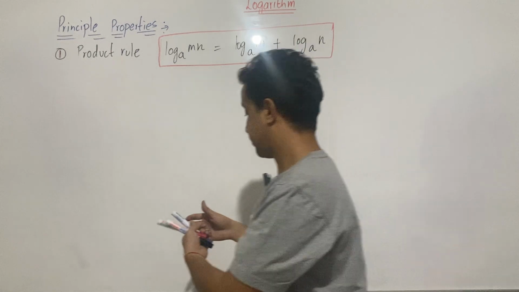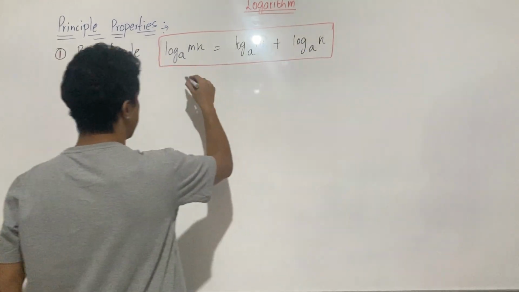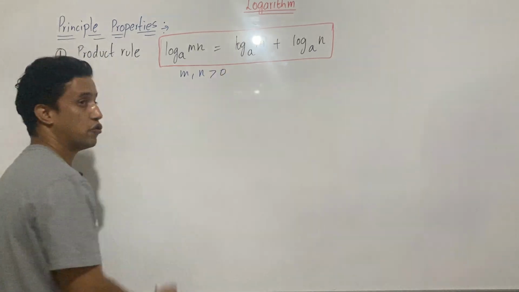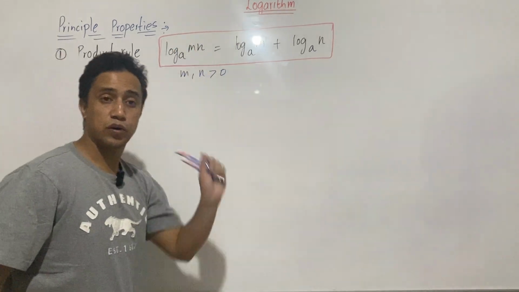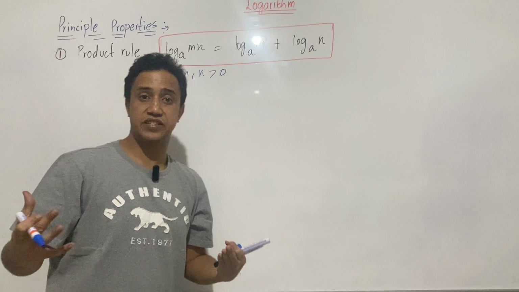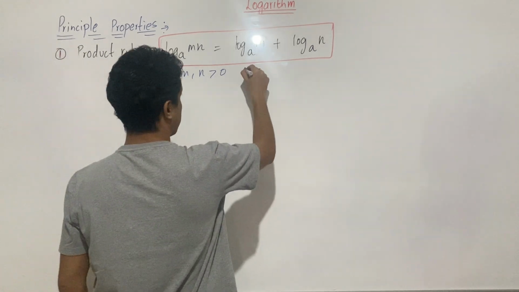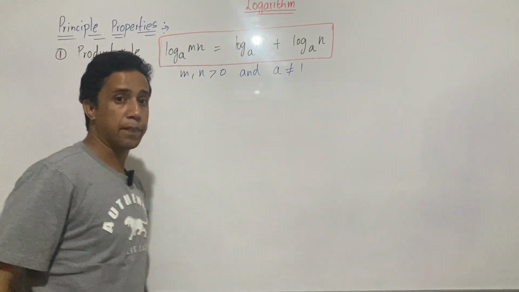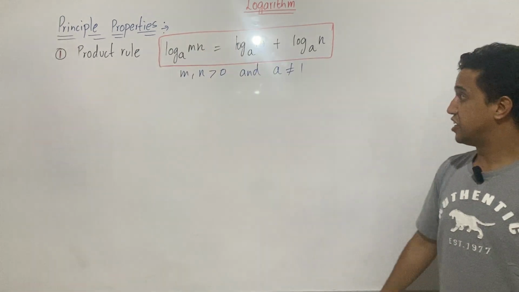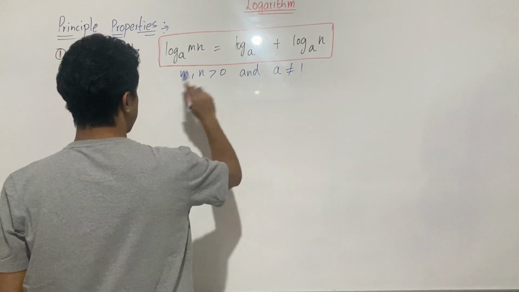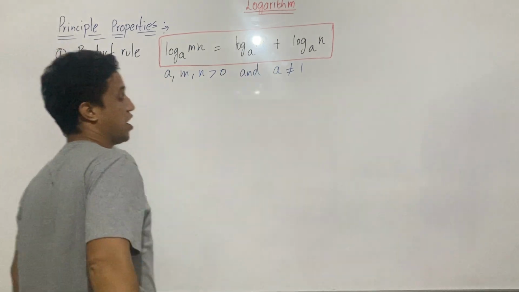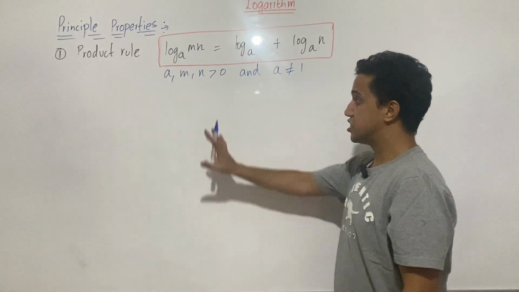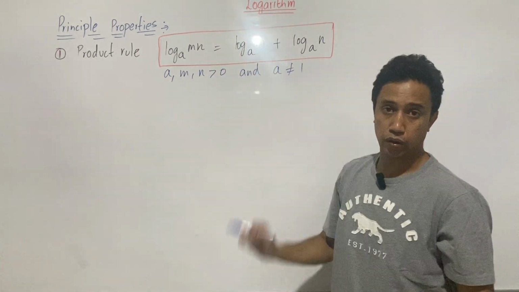Here the condition is that m and n must be greater than 0, meaning these numbers must be positive real numbers, and a should not be equal to 1. Base should not be equal to 1, and a must be greater than 0.